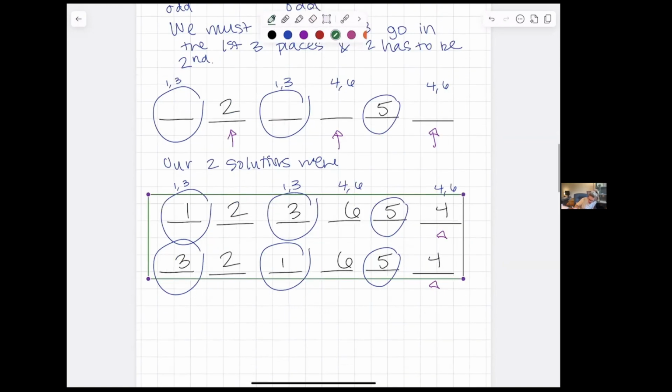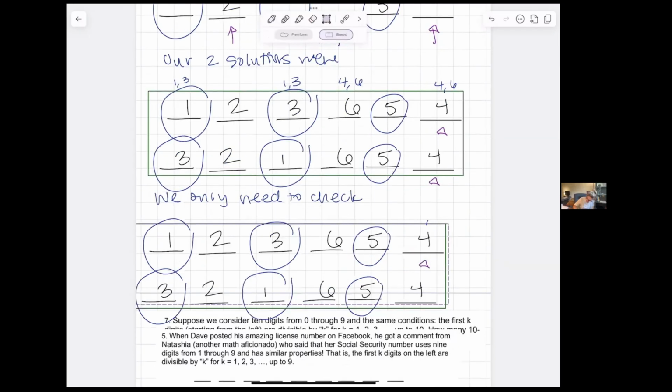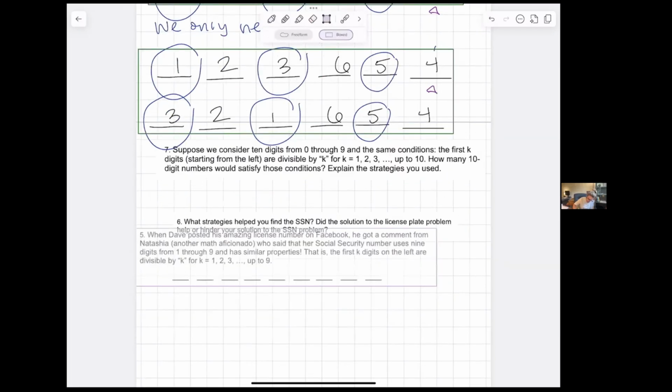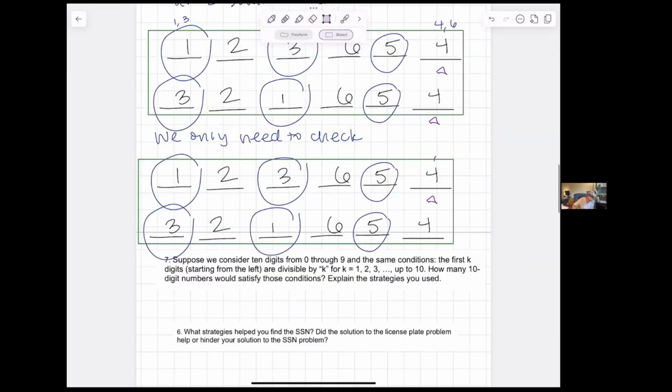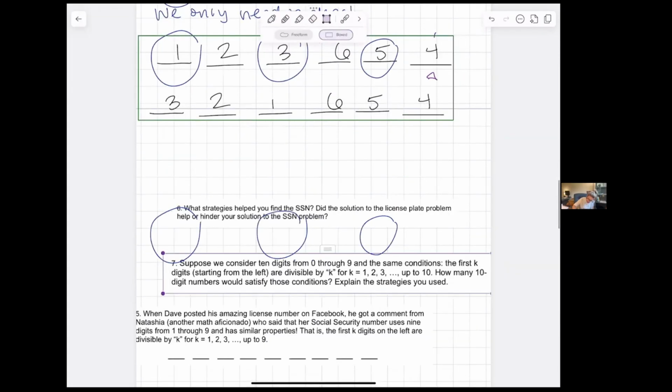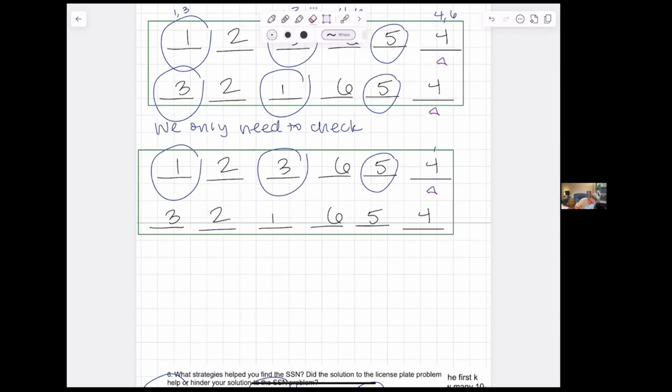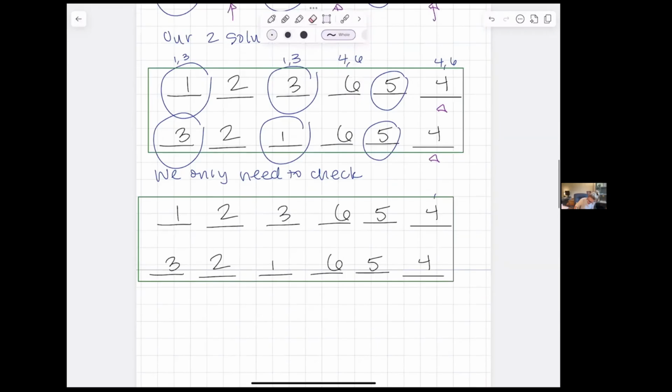So if we wanted to know, are there any other solutions? We only need to check two other things. Keep having to move stuff down. And those two other things were, let's see, just if I mixed these things up.